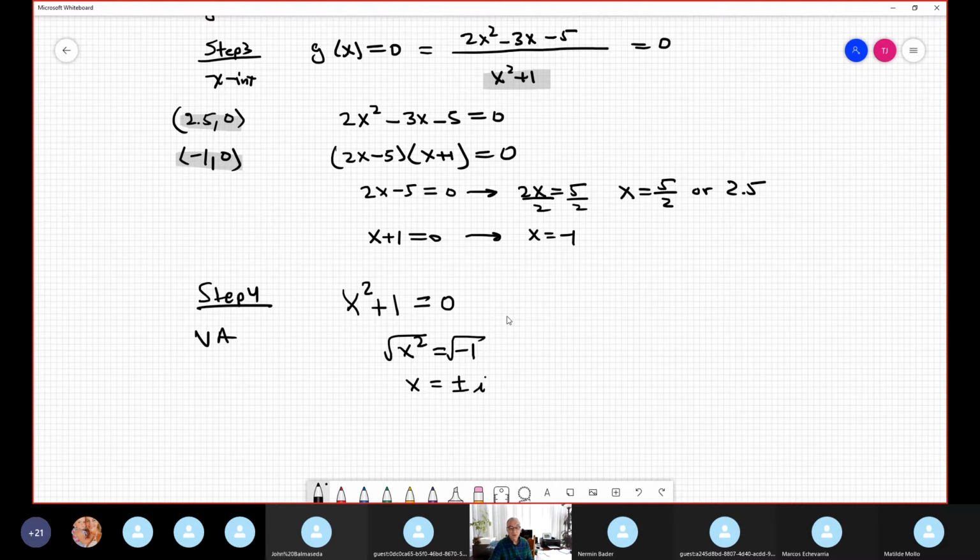And when you see that the solution is imaginary, it means that when you solve an equation in algebra and the solution is complex or imaginary, it does not exist.